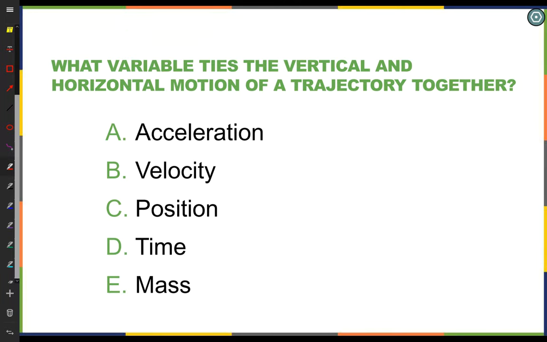Okay, our first of our clicker questions, give me a second to advance the slide. Okay, you can answer now. What variable ties the vertical and horizontal motion of a trajectory together?